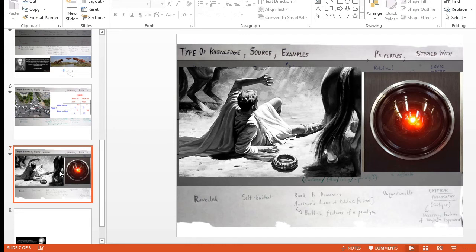Because HAL has been programmed with these laws of robotics, he has no choice but to treat them as true. This leads him to make some extremely troublesome decisions and act in a very dangerous way in the rest of the story.